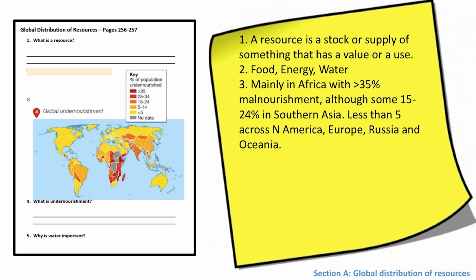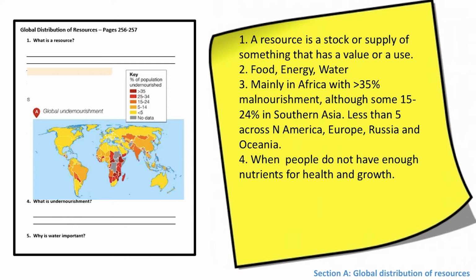It says some 15 to 24% of southern Asia is also undernourished, and less than 5% across North America, Europe, Russia and Oceania. So undernourishment is when people do not have enough nutrients for health and growth. So they are having food, they're just not having enough calorie intake in order for their bodies to thrive, and they're not often getting the right nutrients, a balanced diet at the same time.